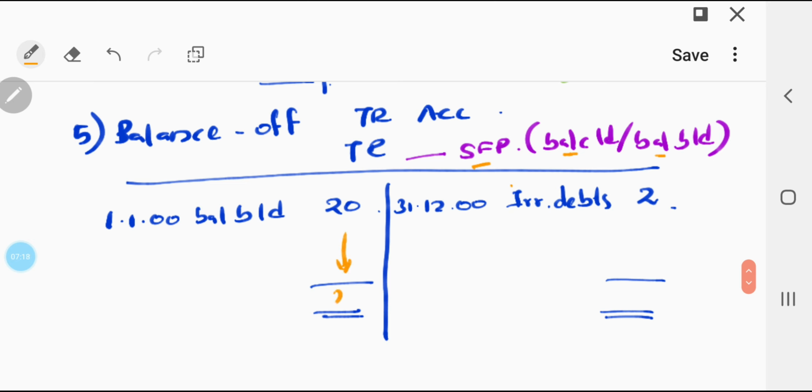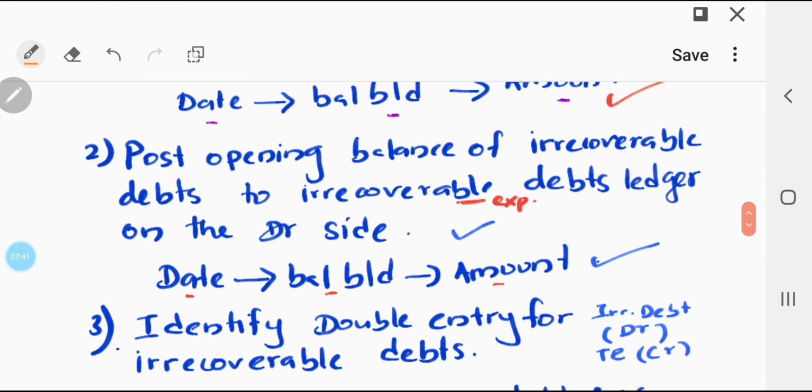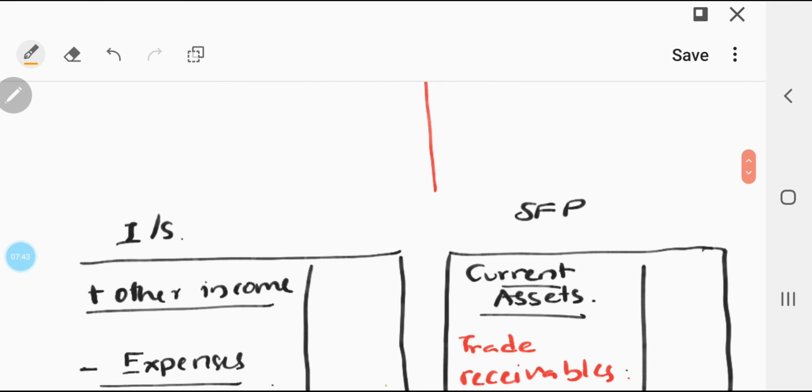Debit side is greater, 20, 20, and the difference, 20 take away 2 gives you 18. Balance carried down, 31st 12 2000, moving down to the next side, 1st of 1 balance brought down, 18. Now let's do the same balancing in the original account.